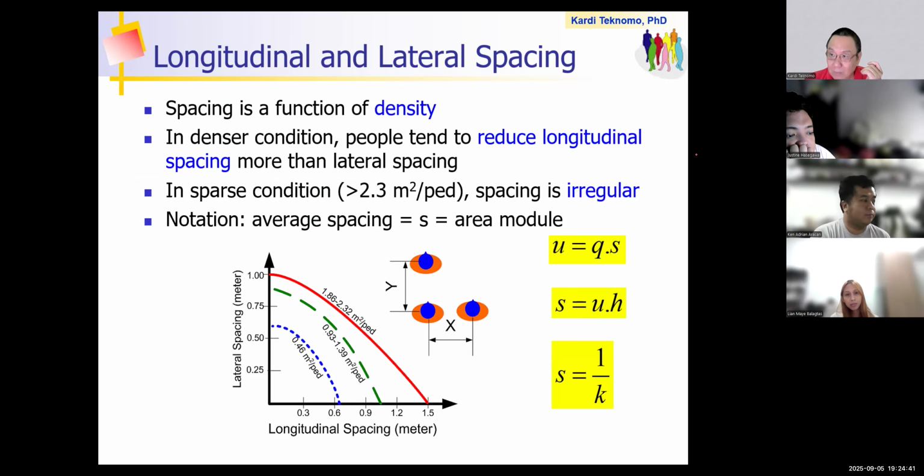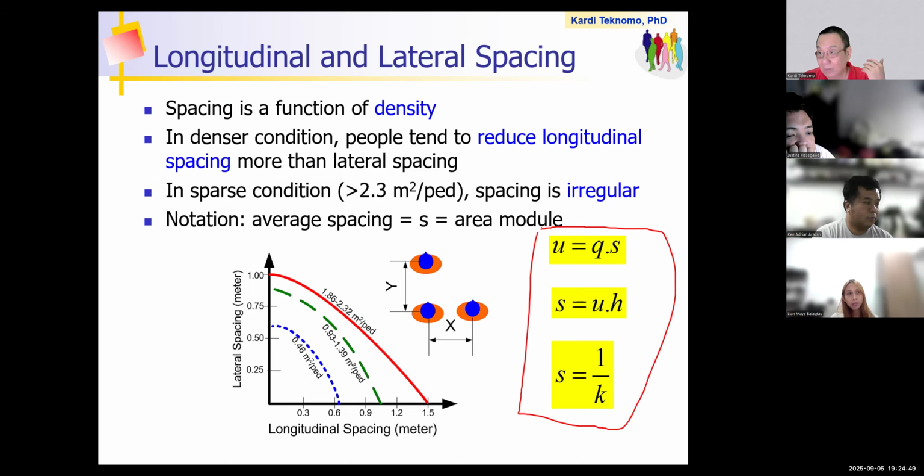Now this formula represents the microscopic level: S here is spacing, Q is the flow rate, U is the space mean speed, so I connect the macroscopic U and the spacing.